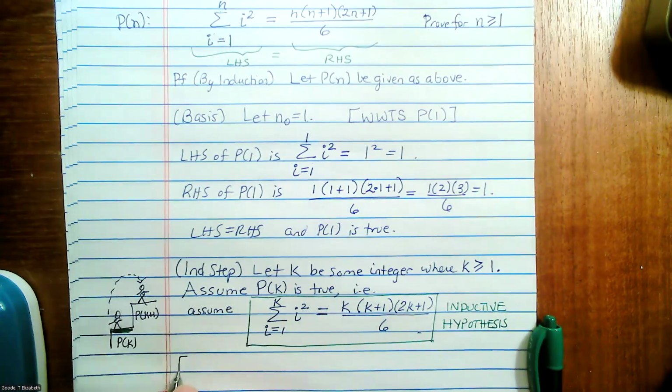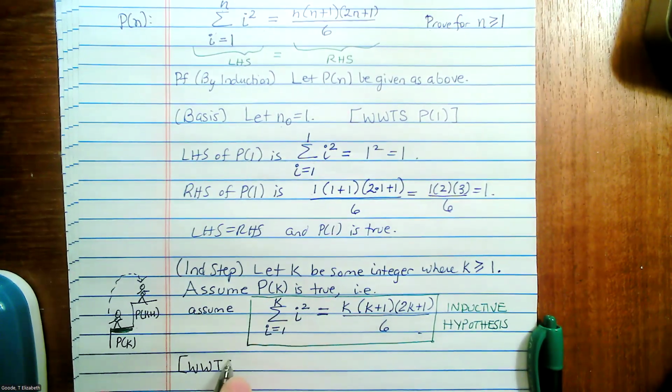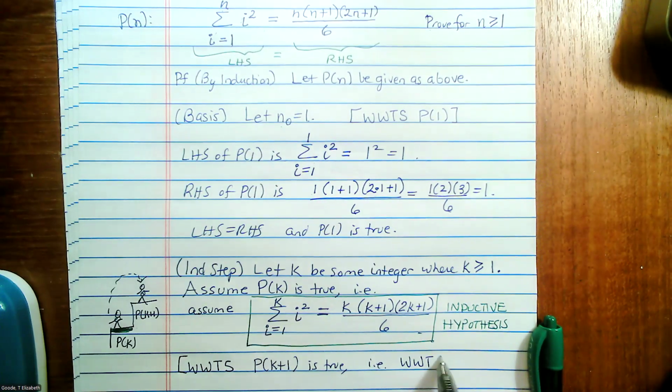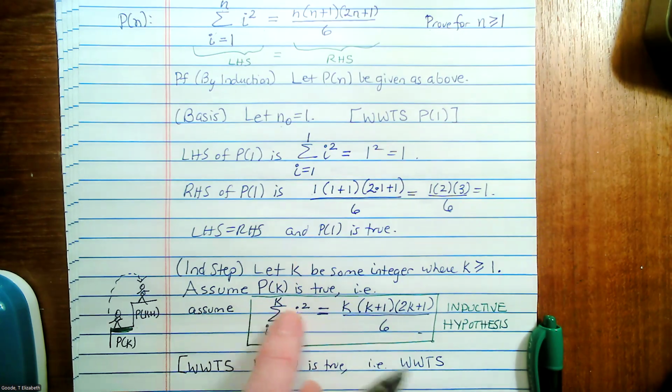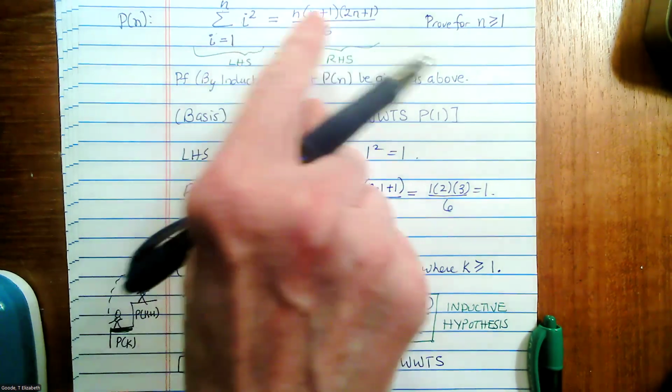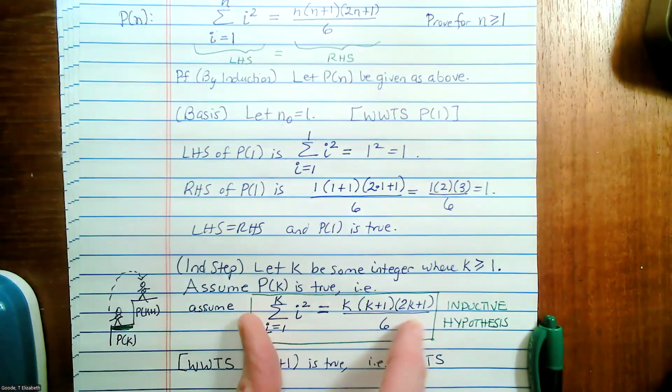Let's write our wish. It's pretty important to know what we're shooting for. So we wish to show P of k plus 1 is true, i.e., let's go ahead and write P of k plus 1 so we know what we're trying to prove. And we can see P of k right here. I don't even need to see P of n anymore because we see P of k.